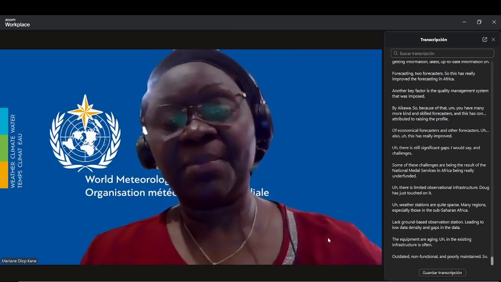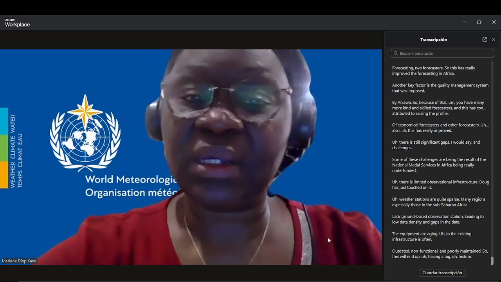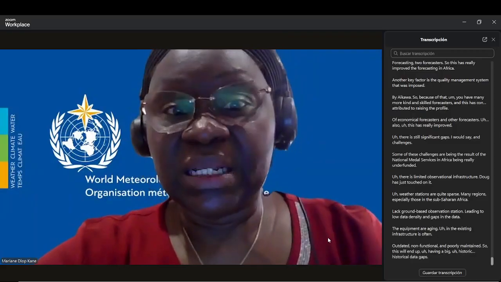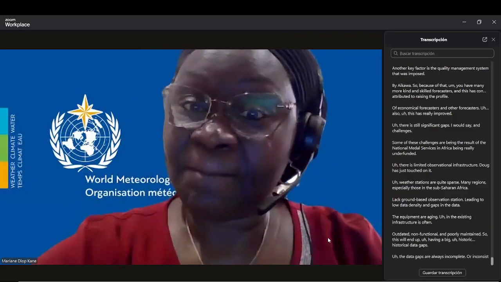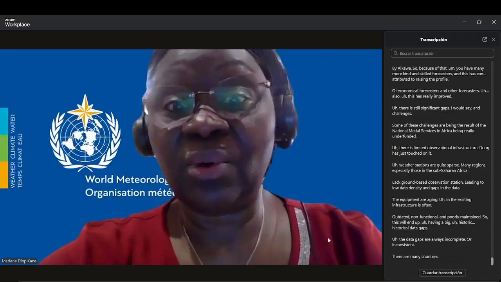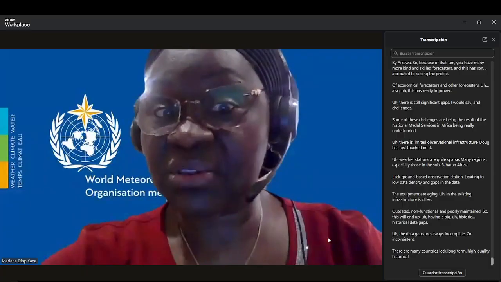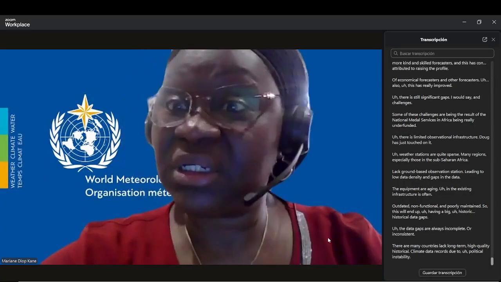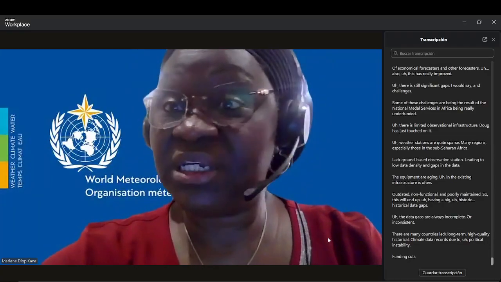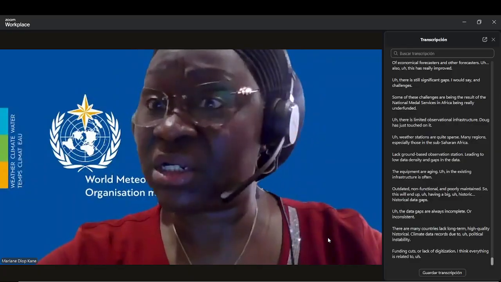So this will end up having big historical data gaps. The data are either incomplete or inconsistent. Many countries lack long-term, high-quality historical climate data records due to political instability, funding cuts, or lack of digitization. I think everything is related to financial resources.